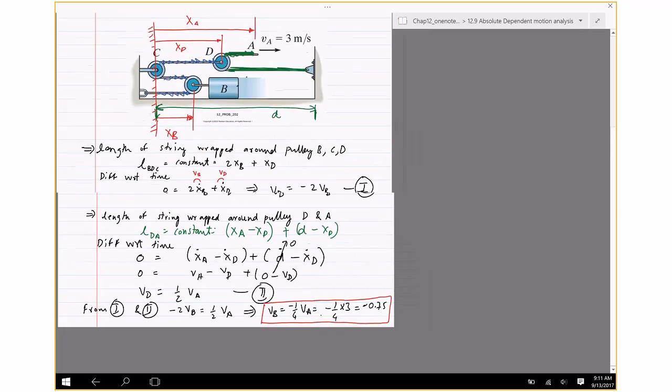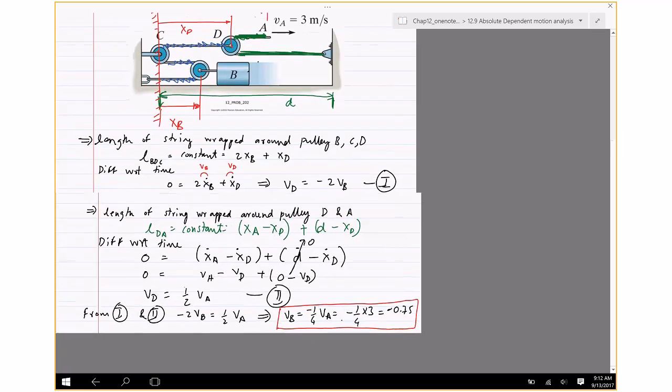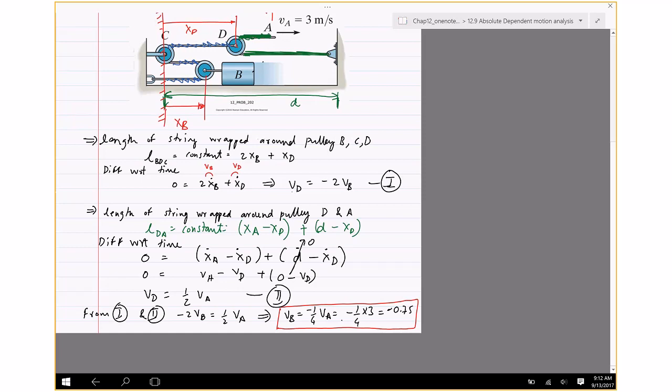Okay, so as I said, this is telling me two things. One is that the magnitude of the velocity of B is going to be 1/4 of the velocity of A. It's also telling me that the direction of motion of B is going to be opposite to the motion of A, as indicated by the negative sign. So you can see obviously when A moves to the right, B is going to move to the left.